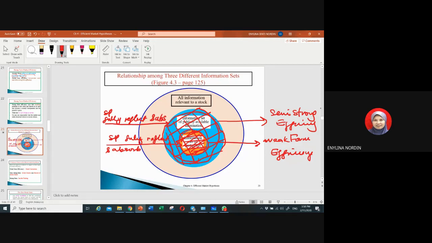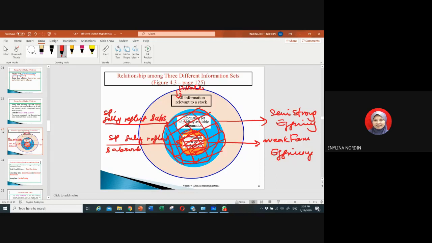That is private information. It is still not yet included or absorbed into this stock price. So therefore, the market can only be a semi-strong form.